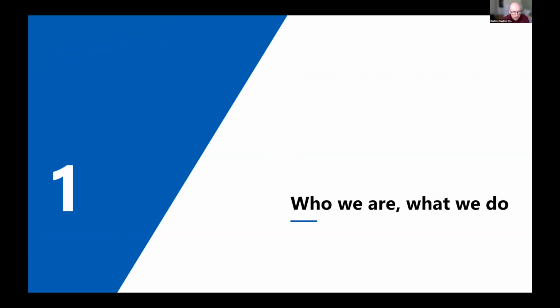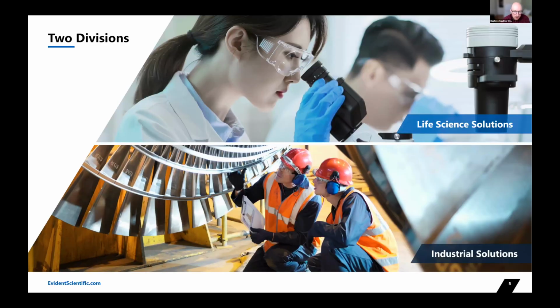So first, who we are and what we do at Evident Scientific. We have two different divisions. The first one is Life Science Solutions. We develop and manufacture microscopes for the life science and medical industry. We were previously known under the name Olympus for microscopes, so you may be aware of that.